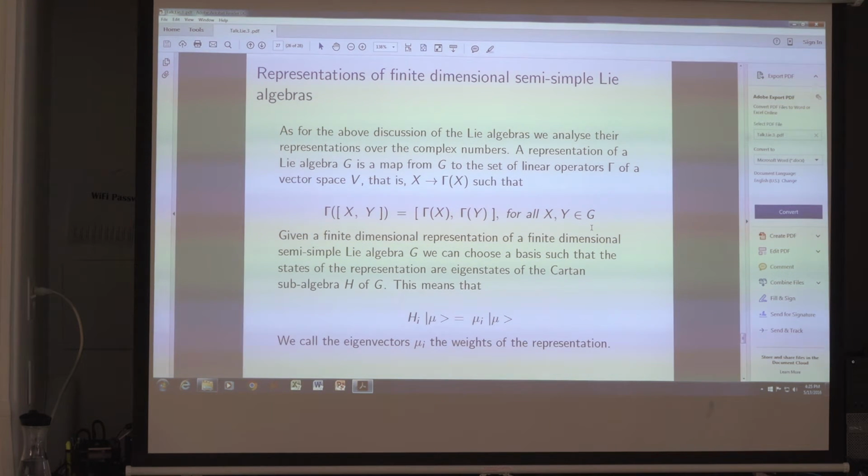So if I have the commutator of two generators, the representation associated with my commutator is given by the commutator of those matrices. Gamma capital is a representation associated to a generator X. So for example, it could be a matrix. A matrix, yes. So you're saying the matrix comprising of the commutator elements.